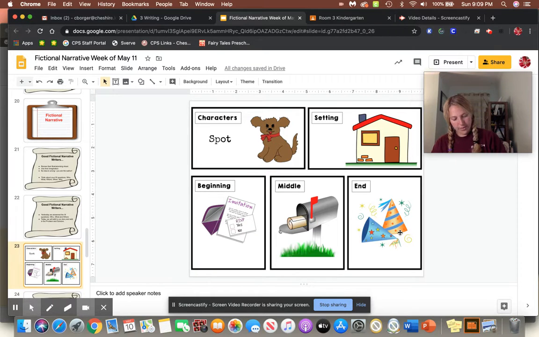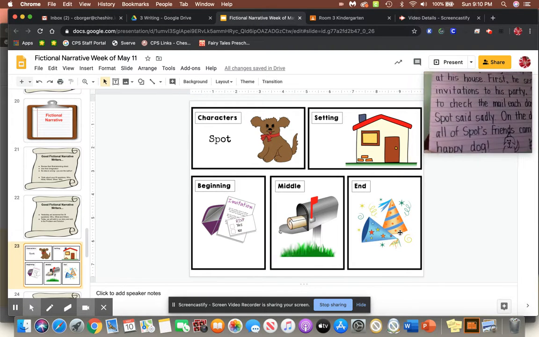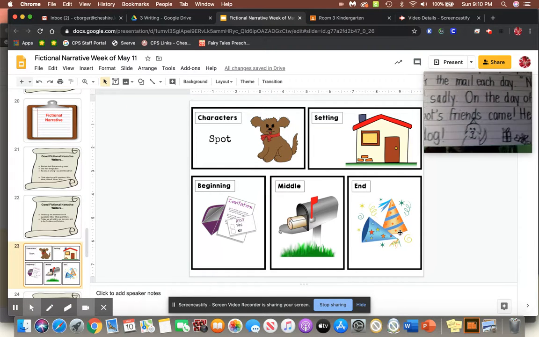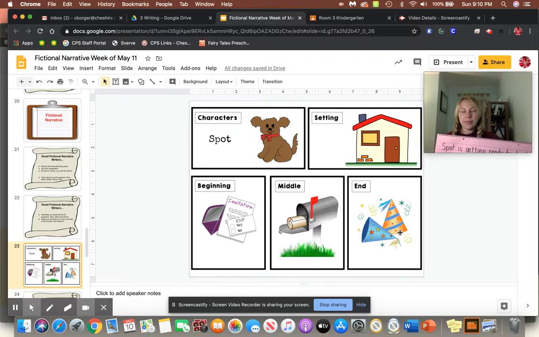And here's some presents. And I just drew a quick picture at the bottom. I'll show it to you. But I drew my best picture that I could draw of Spot and some presents. He even got a bone and a box. He is one happy dog.